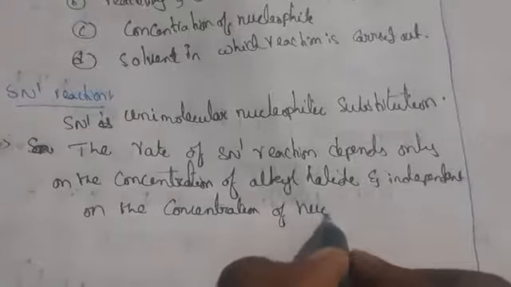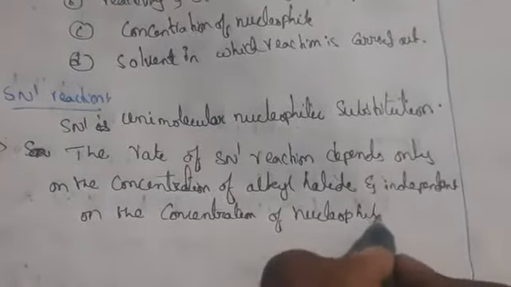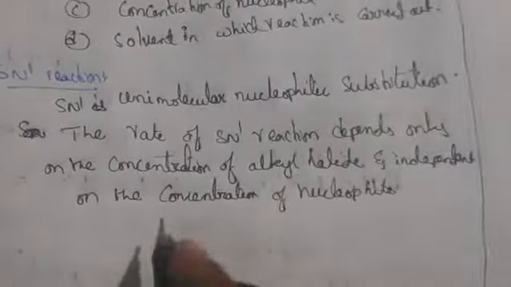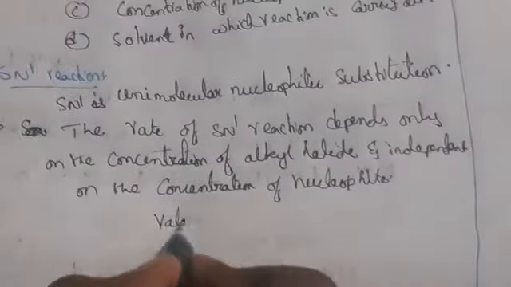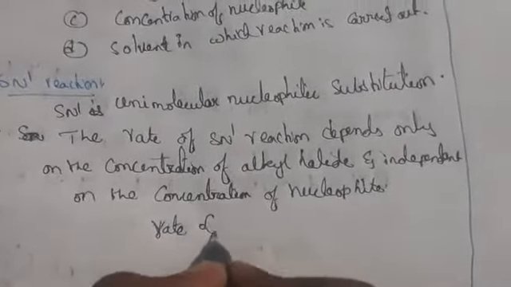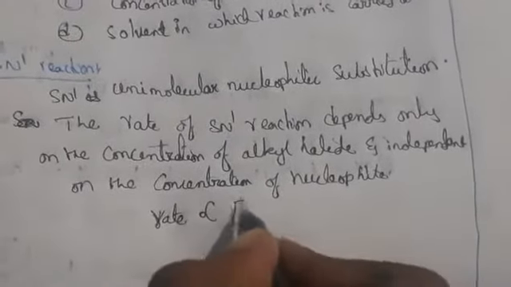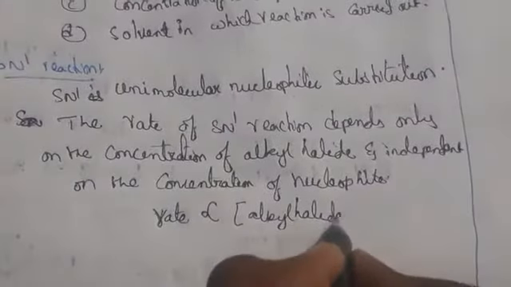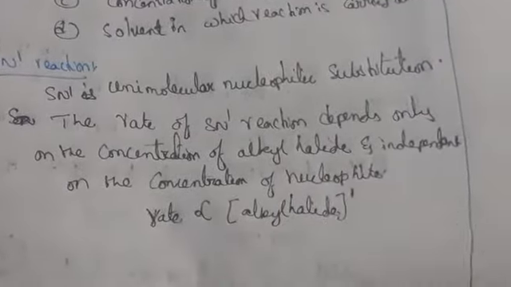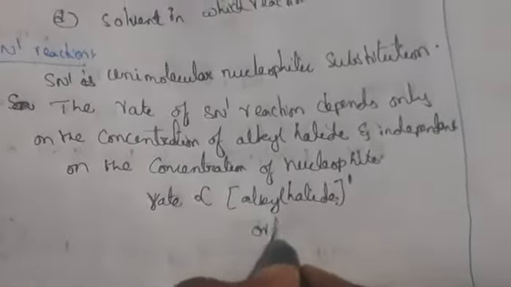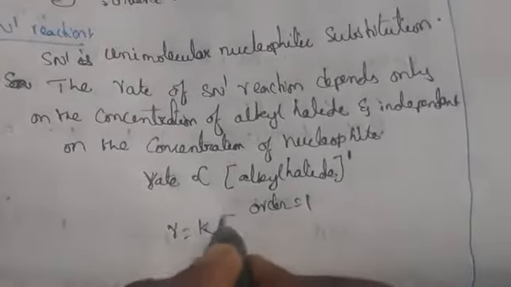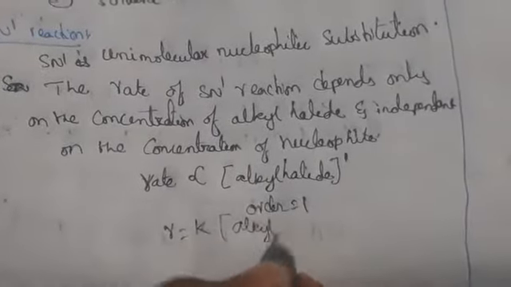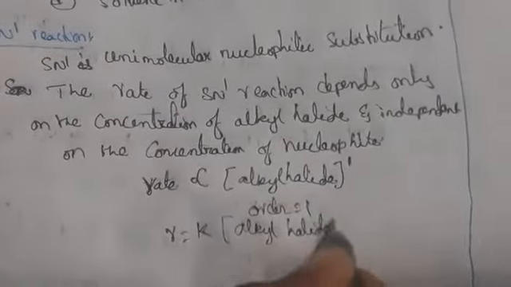This we call the SN1 reaction. The rate is directly proportional to the concentration of alkyl halide, so the order is 1. Rate equals k into the concentration of alkyl halide, for example CH3Cl.